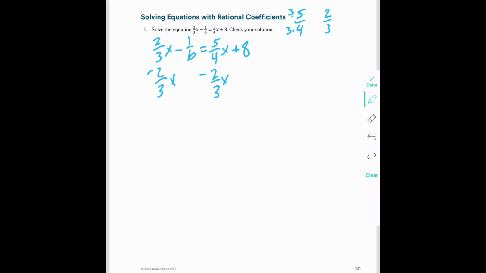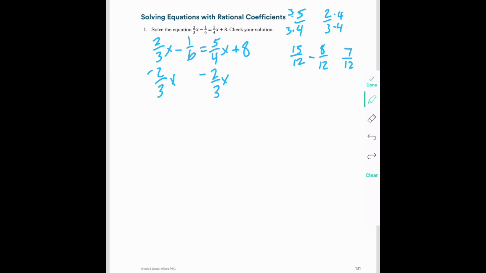In order to get to 12 here, I would have to multiply by 4 to the top and the bottom. To change both of these fractions, this one would be 15 over 12. This one would be 8 over 12. Okay, so then remember I'm subtracting them, so there's a subtraction sign in between these. So 15 minus 8 would give me 7 over 12.